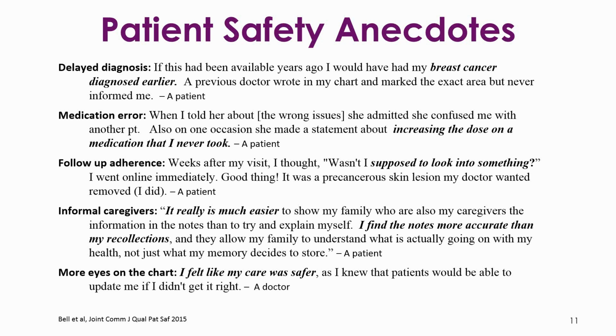A doctor wrote in my chart and marked the exact area but never informed me. Medication errors: patients will pick those up. Adherence to follow-up: weeks after my visit, I thought, wasn't I supposed to look into something? I went online and saw that there was a precancerous skin lesion my doctor wanted me to have removed. And given that she was able to see the note, she went ahead and did that.